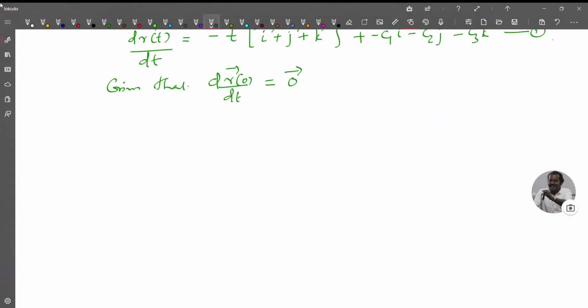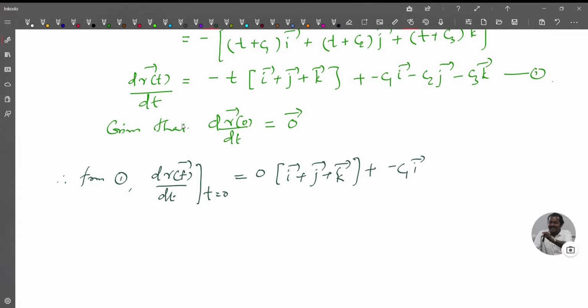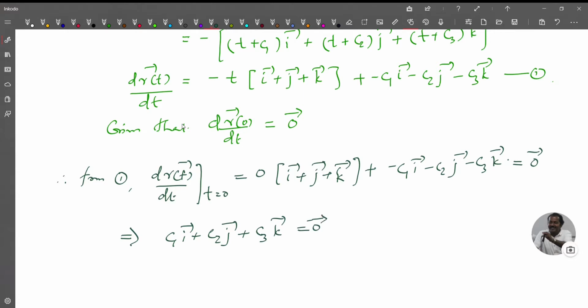This implies, therefore from 1, dr of t by dt at t equal to 0 equal to 0 into i plus j plus k plus minus c1 i minus c2 j minus c3 k. This is equal to 0. So this implies c1 i plus c2 j plus c3 k equal to vector 0.